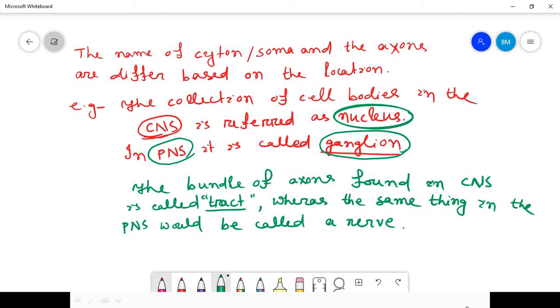In the peripheral nervous system the axons are called nerves, whereas in the CNS these are called tracts.